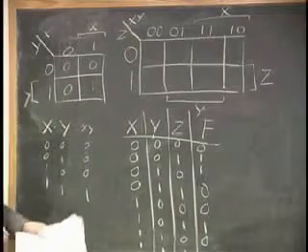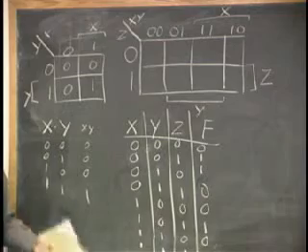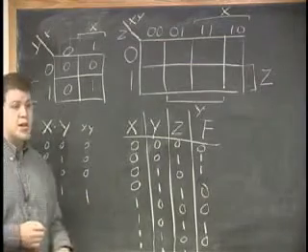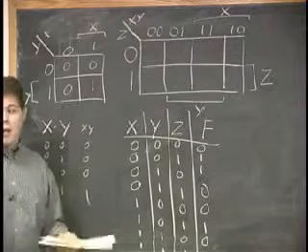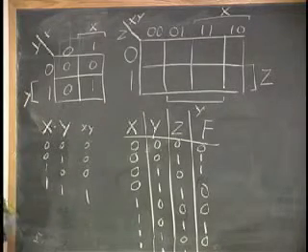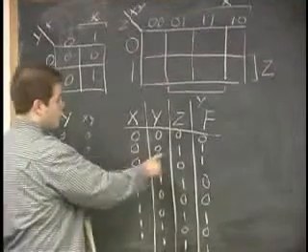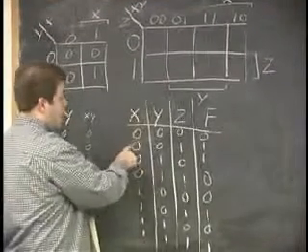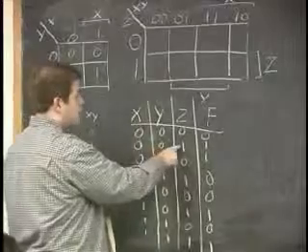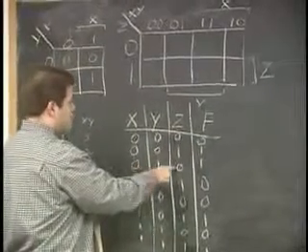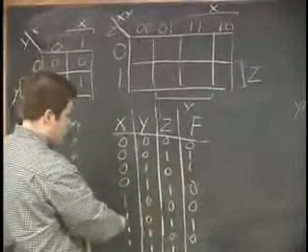Now, we could go ahead and write a logical expression for this truth table by doing either a sum of products or product of sums, right? We all remember that from last month. And so it would be something like not x, not y, z, or not x, y, and z, or, and then just going along.